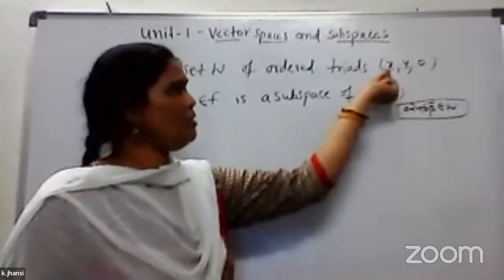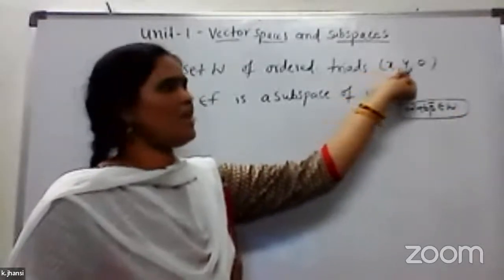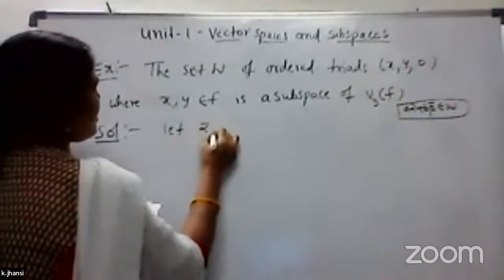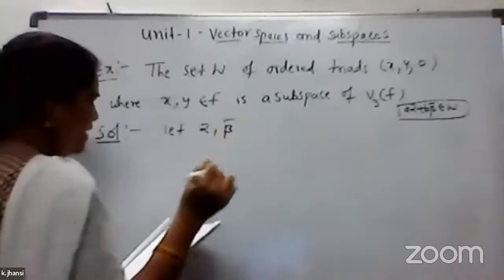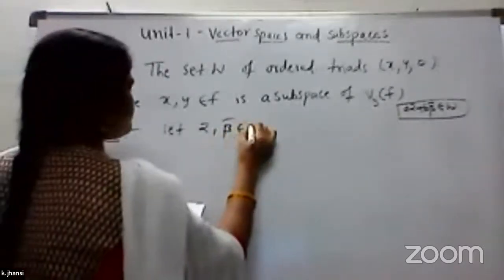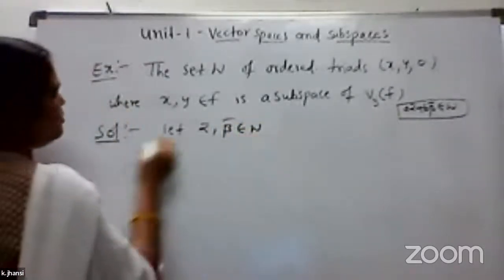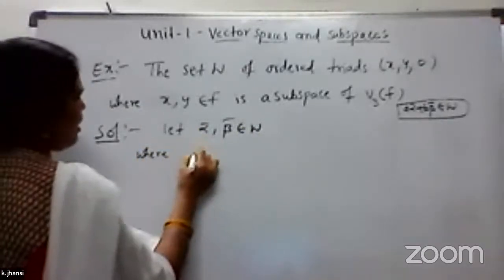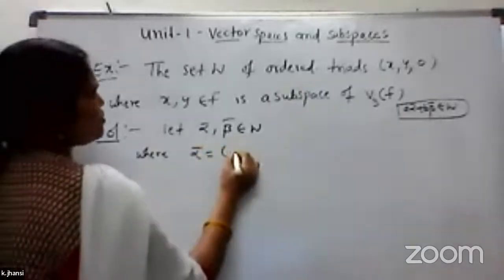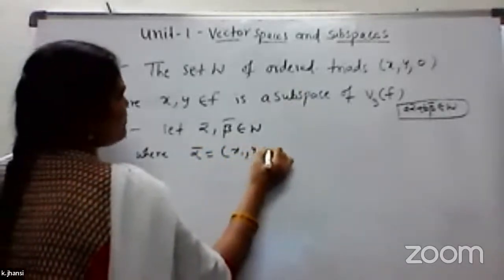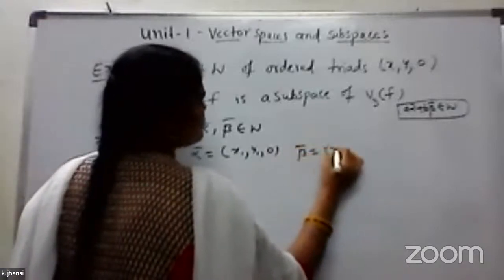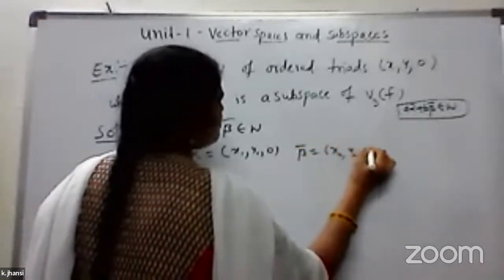What is our given W? It is in the form of x comma y comma 0. First you write, let alpha bar comma beta bar belong to W, where alpha bar equals x1, y1, 0 and beta bar equals x2, y2, 0.